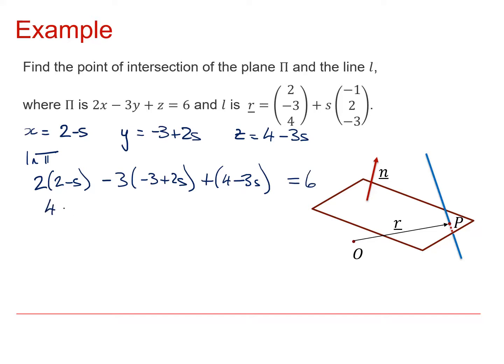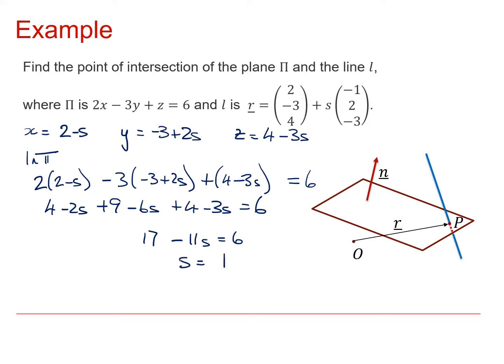That gives me 4 minus 2s, plus 9 minus 6s, plus 4 minus 3s is equal to 6. And then collecting these together, I've got 17 minus 11s is equal to 6, and that gives me s is equal to 1.